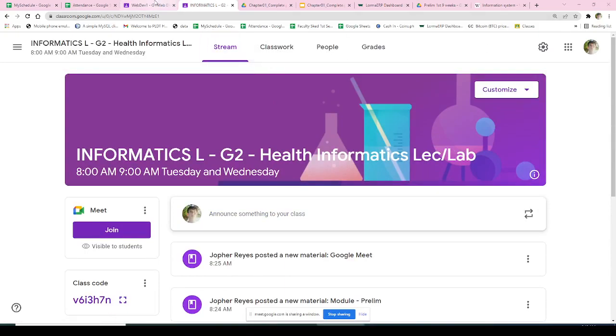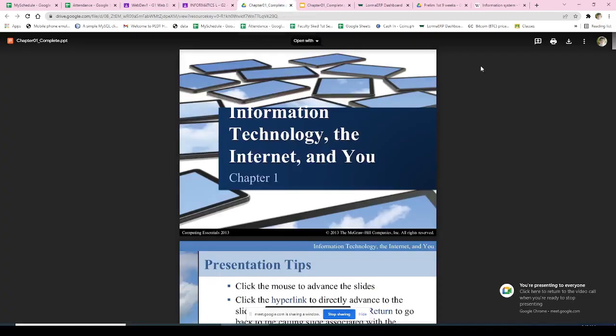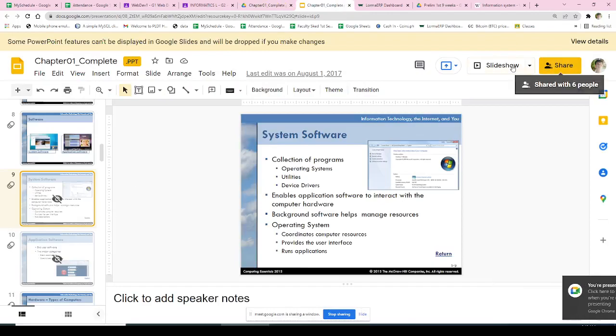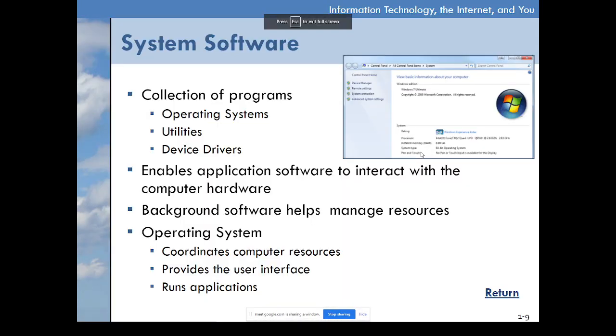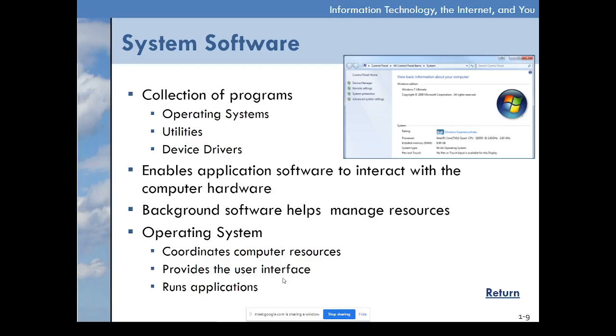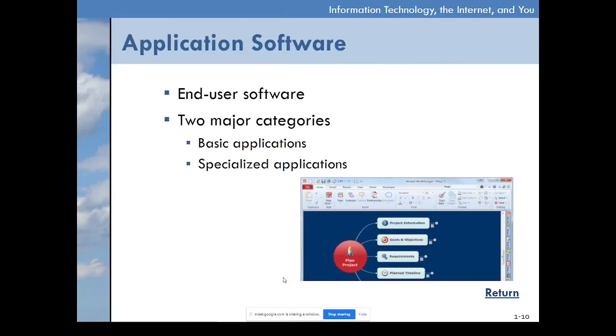Okay, so let's continue. Operating system coordinates computer resources, provides the user interface, and runs applications. So what is application software? It is end user software. We have two major categories: the basic application and the specialized application.